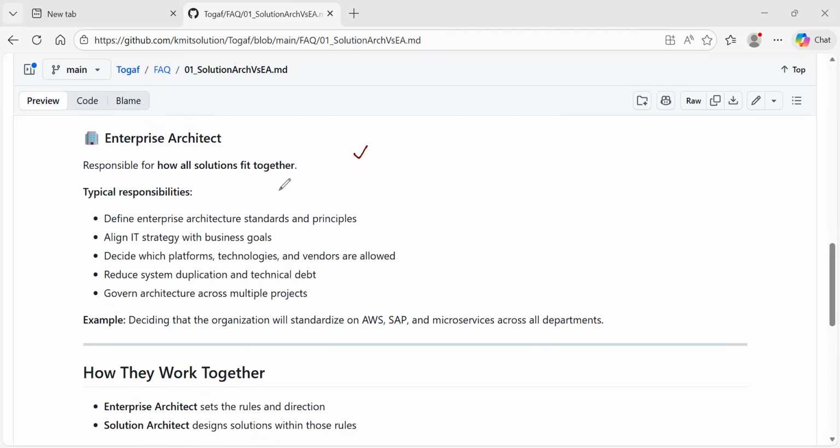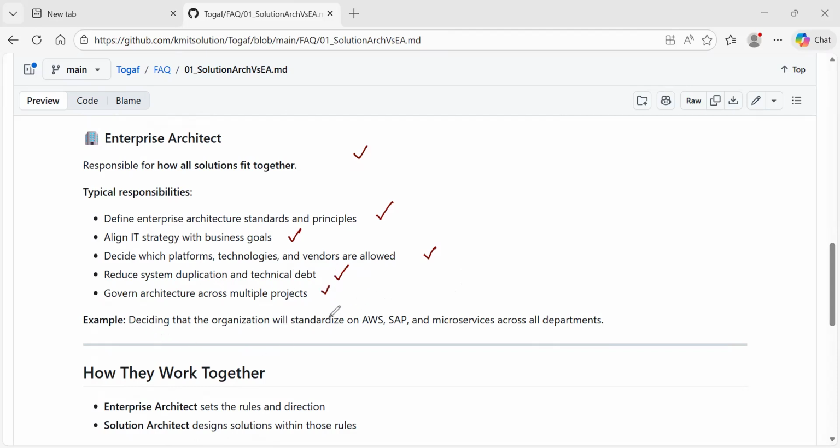of enterprise architect. Okay, so their responsibility is basically to define the standard principles, align the IT strategies and business goals, decide which platform, which technology, which vendors are allowed, reduce the duplication and the technical debt, and govern the architecture across the multiple projects.